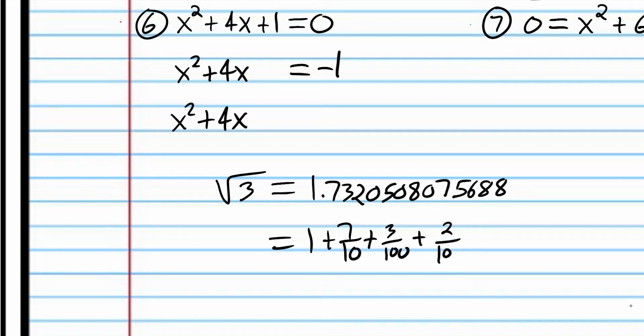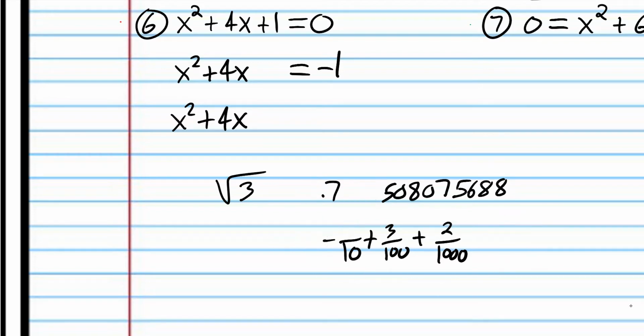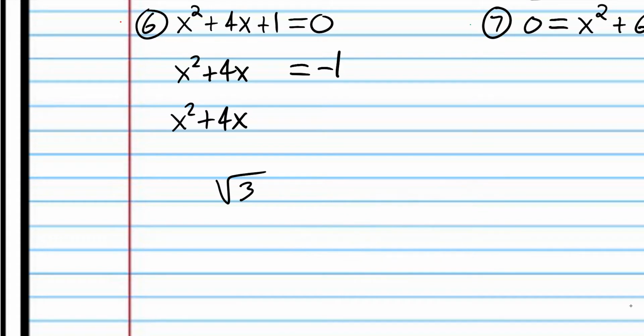You can write a bunch of fractions. And if the decimal stopped there, at the 2, then you could combine all these and make a fraction. The problem is because it never stops and it never repeats, how are you going to combine these to make a fraction? You can't do it. So that's why root 3 is considered to be an irrational number.